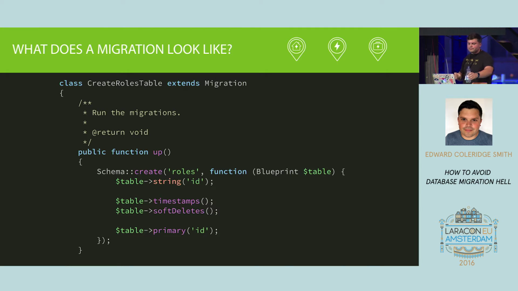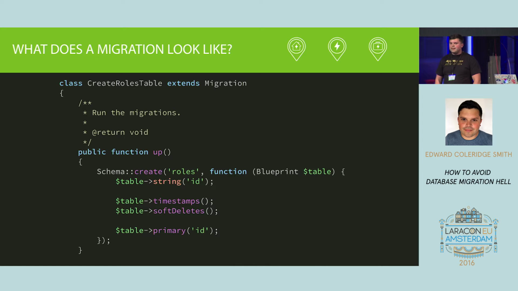OK, so in this example, we're making a roles table. So this roles table is just going to have a column called ID, and that's going to be of type string. So we're going to use the blueprint class, which is something that comes with Laravel. And that's got all sorts of methods in it for making database schemas. So in this case, we're creating that ID column.